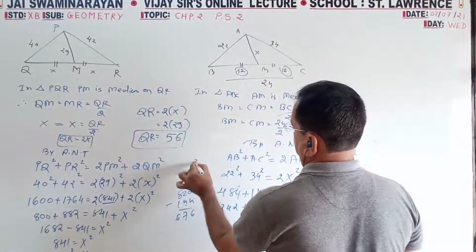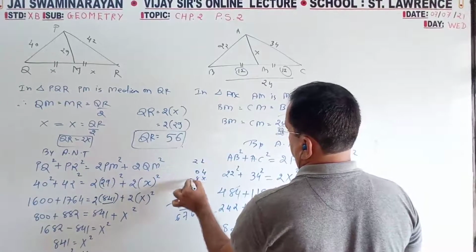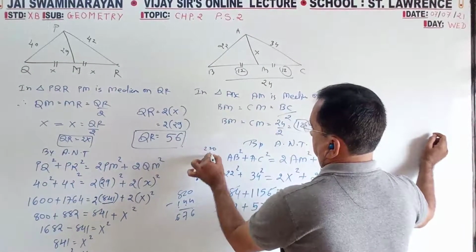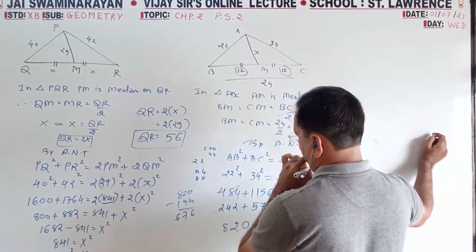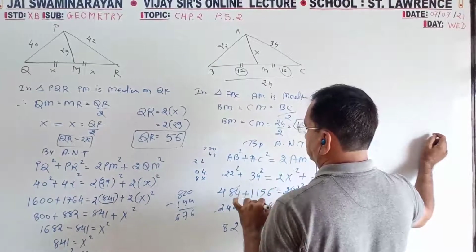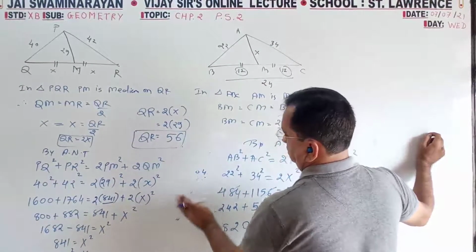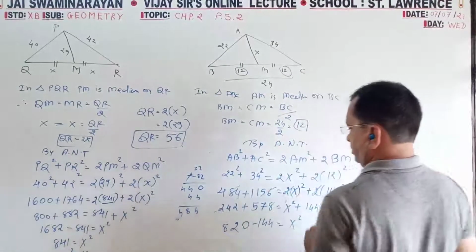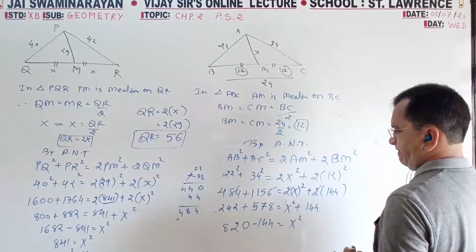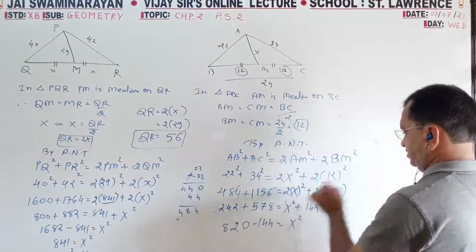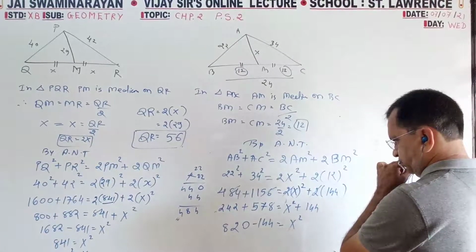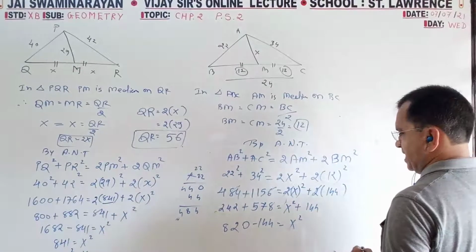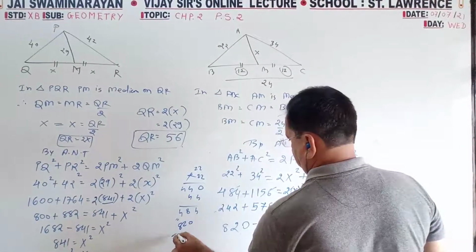Something went wrong in this. Correct. This is also correct. This is also correct. 820 minus 144.